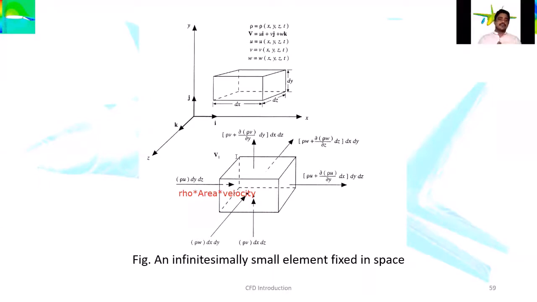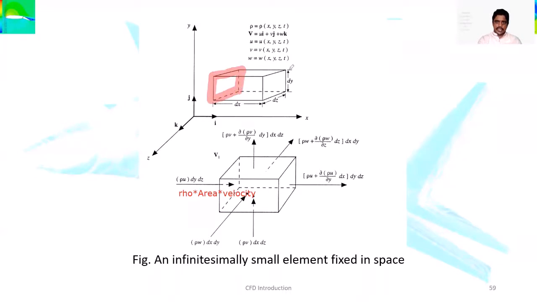We have assumed that for the fluid the density is rho, and the velocity along the direction is u, and the area, since it is covering this face, is this face.